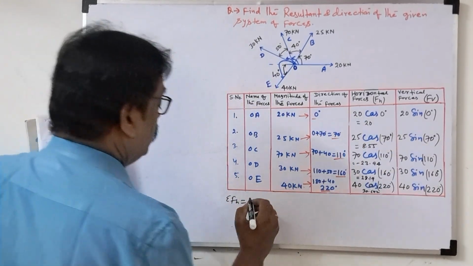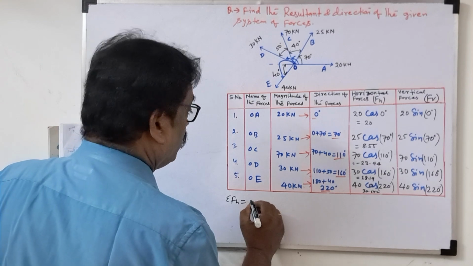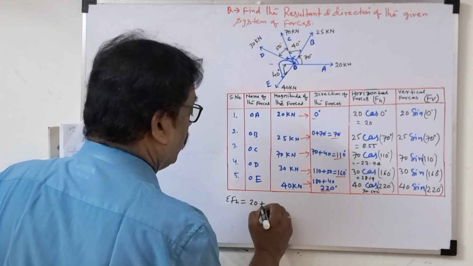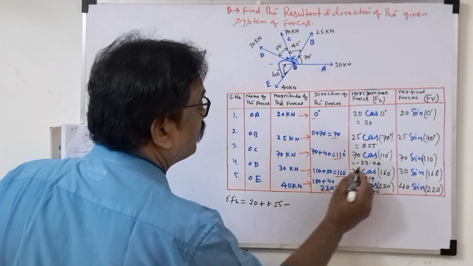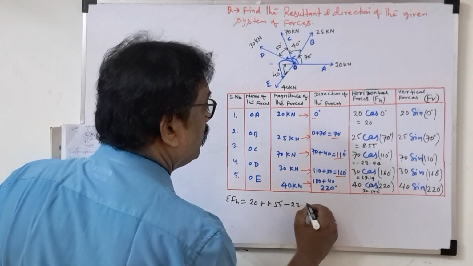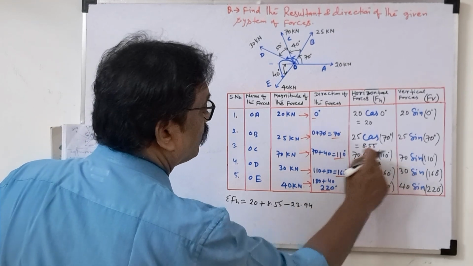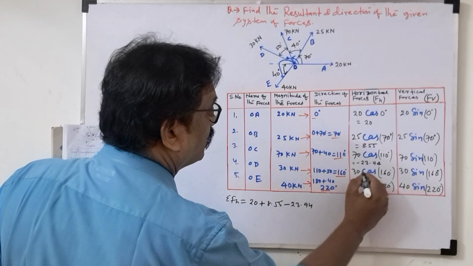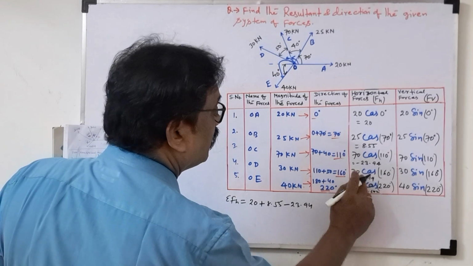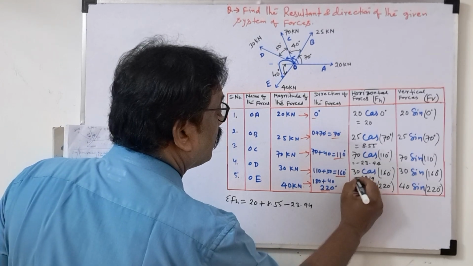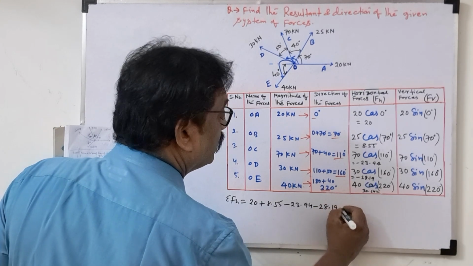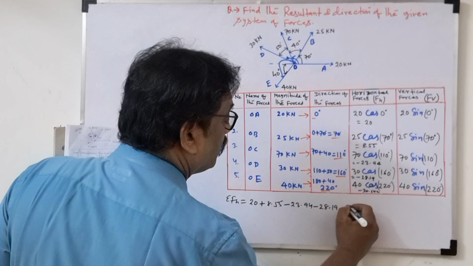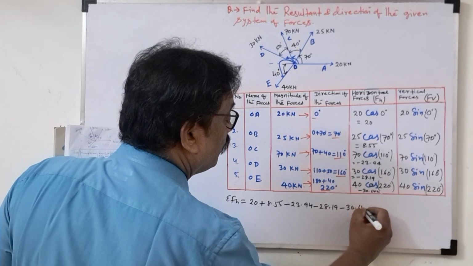So again I am writing here. First one is 20 cos 0, that is 20, plus 8.55, minus 23.94, which is the value of 70 cos 110. 30 cos 160 is also coming minus 28.19, and this also minus 30.642.